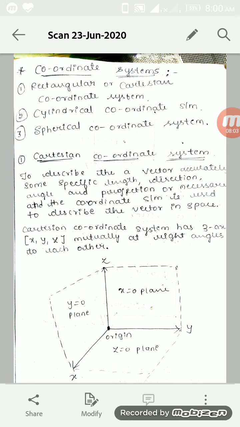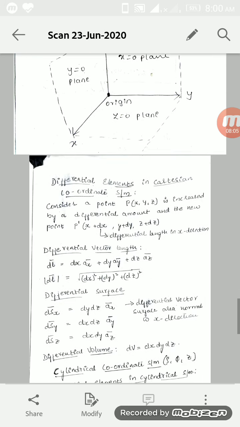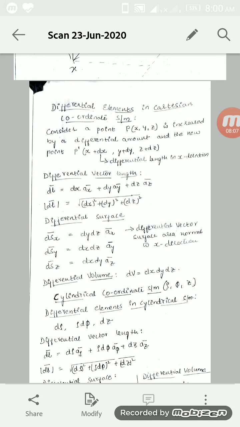As I have told, in all three systems we will be considering three important things, that is the differential elements: the differential length, differential surface, and differential volume. Differential means a small change, considered like dx, dy, dz. Always they go with a differential change and then apply it for the entire area.